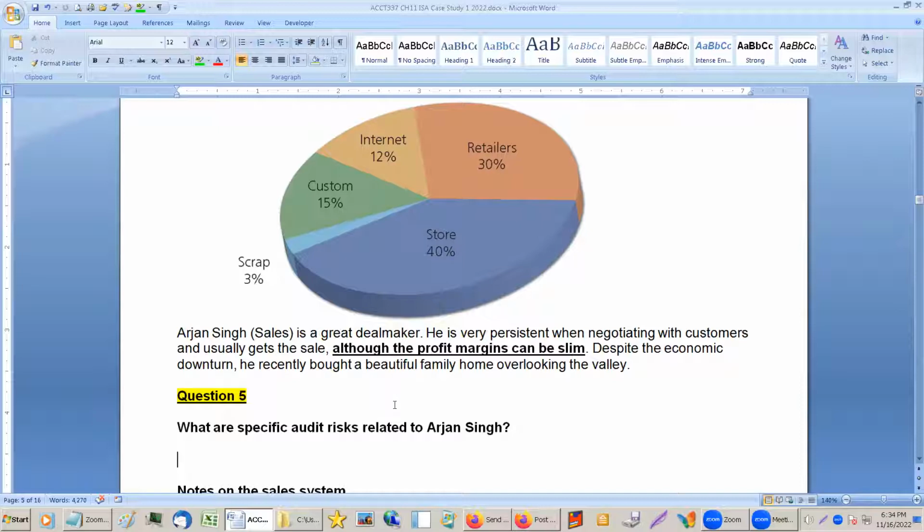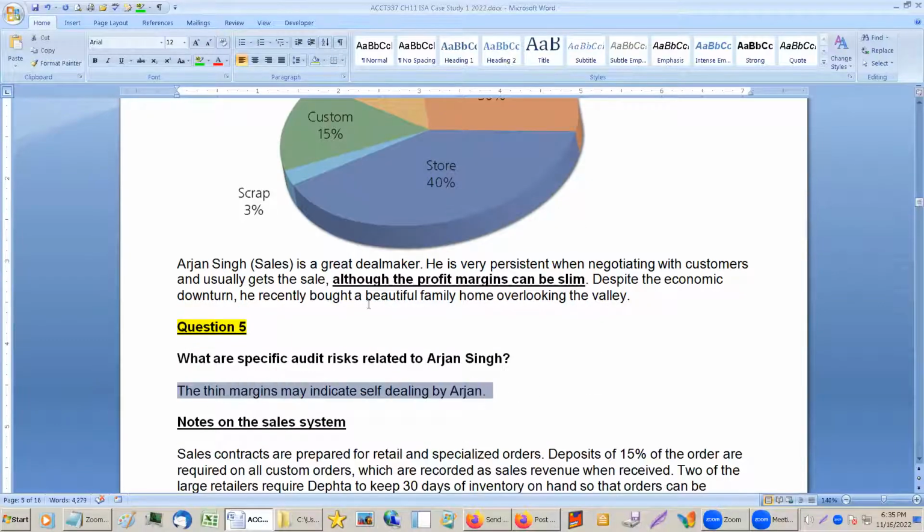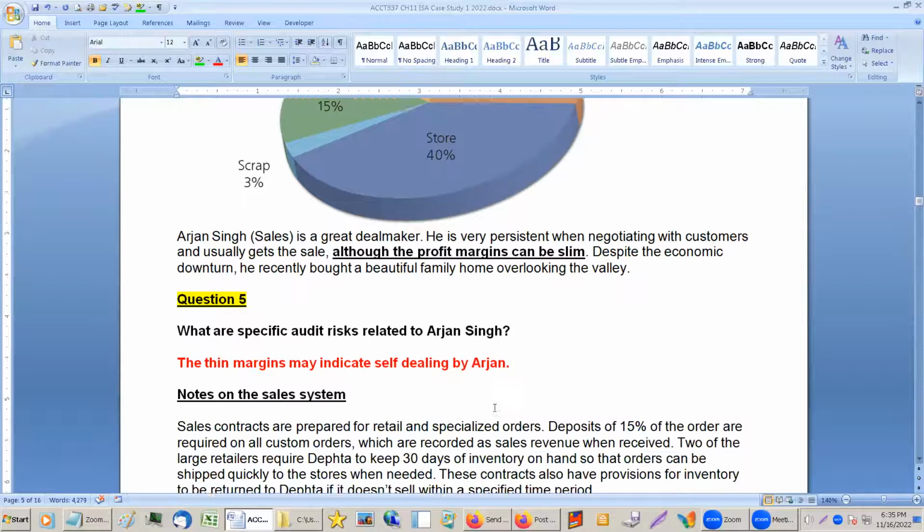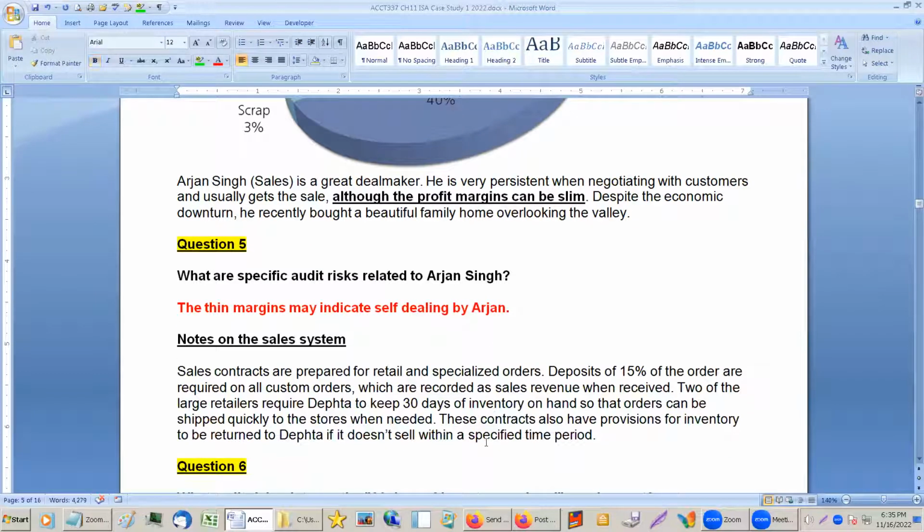Okay, so you may look at those transactions more closely, because if they do have thin margins, they may even be for losses that are not adequately disclosed.